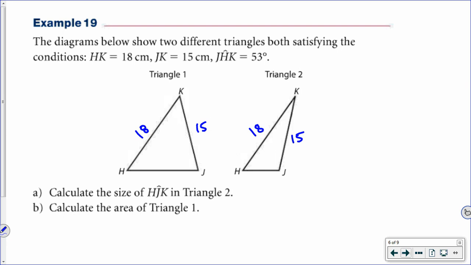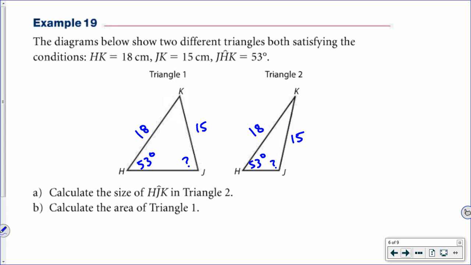So you can see what's different is that angle J. Angle JHK is 53, and that's the same in both triangles. They fixed those lengths, fixed that angle, and still J can be different. It just depends on whether the side labeled 15 is bending out from J or bending in from J. So I could have an acute angle or an obtuse angle based on the same givens.